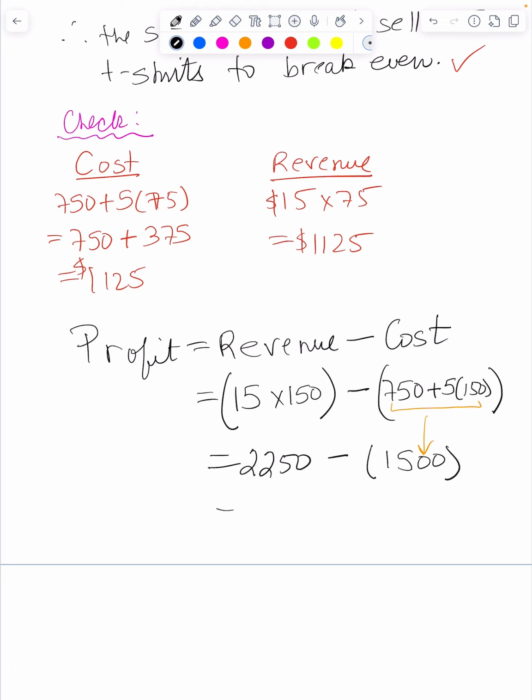So now when I figure out the profit, I'm going to subtract these two values, 2250 minus 1,500, and I get an answer of $750. That's the profit that they are going to make. That was easy.